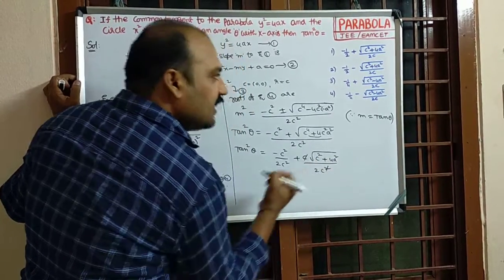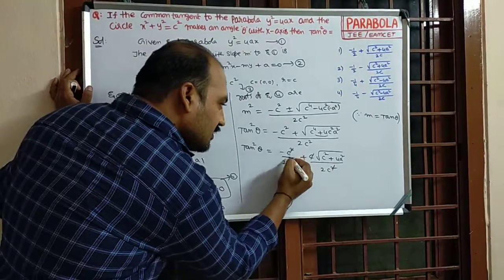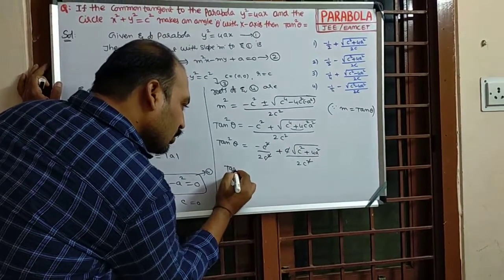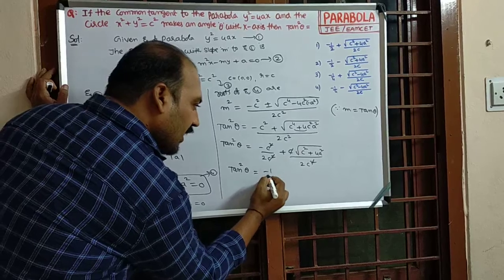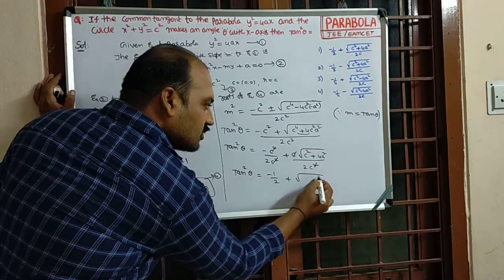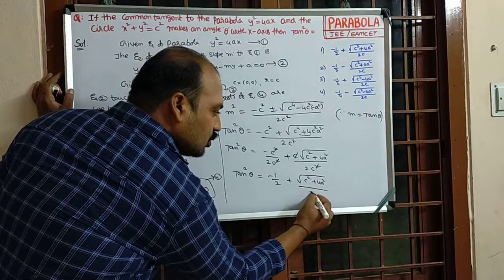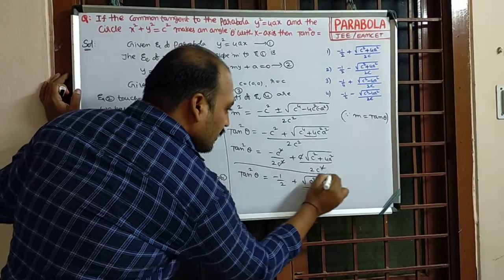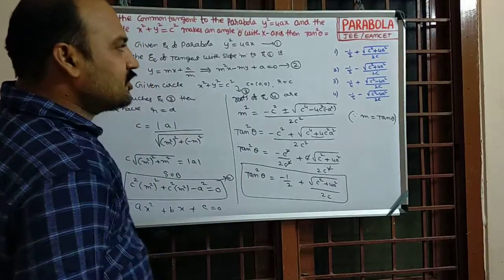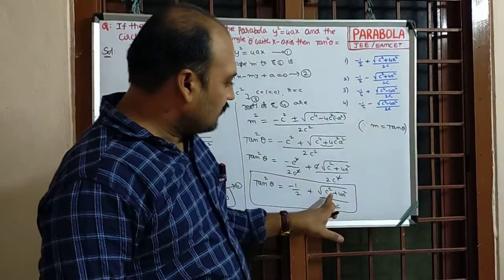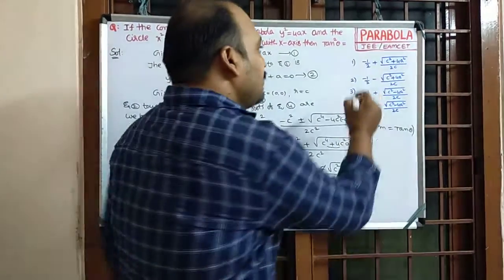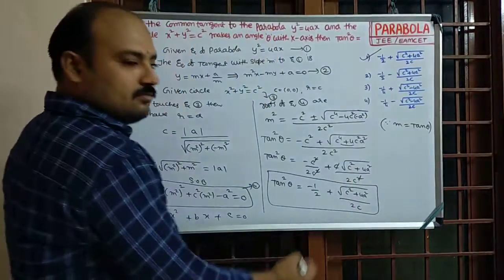Here c gets cancelled, here c square gets cancelled. Tan square theta equal to minus 1 by 2 plus square root of c square plus 4a square divided by 2c, which is there in the option: minus 1 by 2 plus square root of c square plus 4a square by 2c, which is there in the first option.